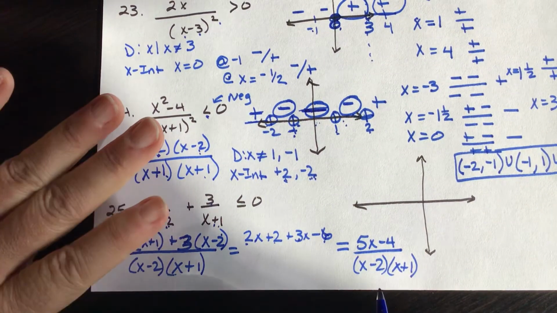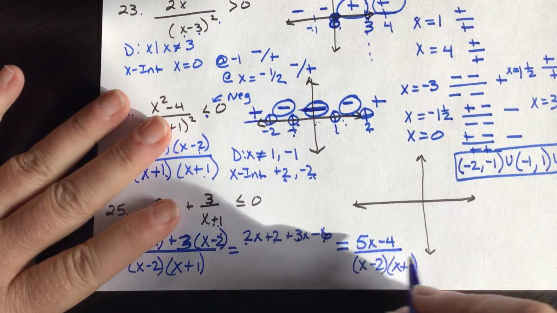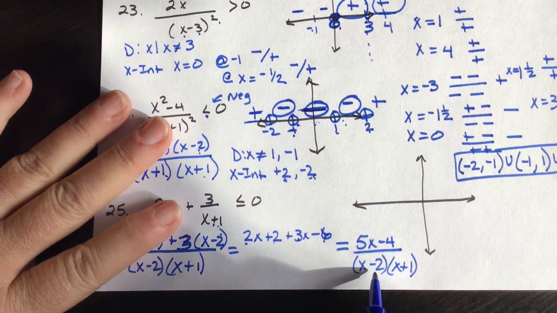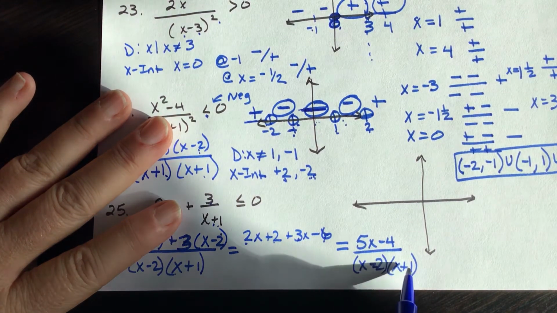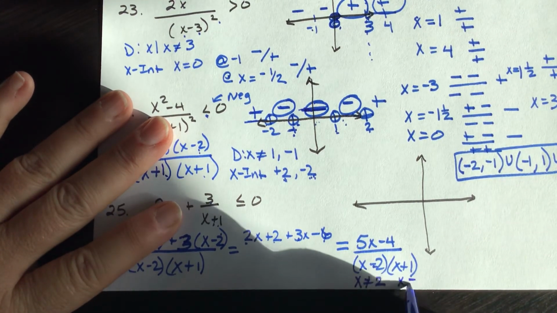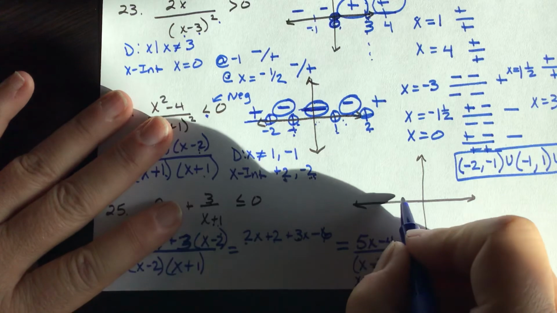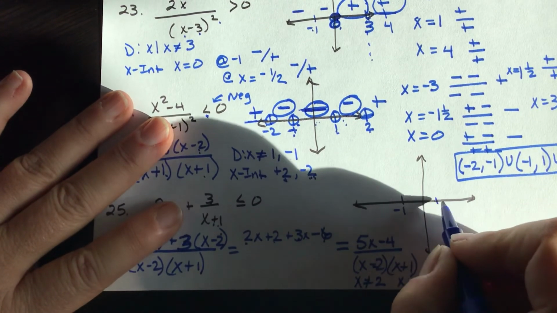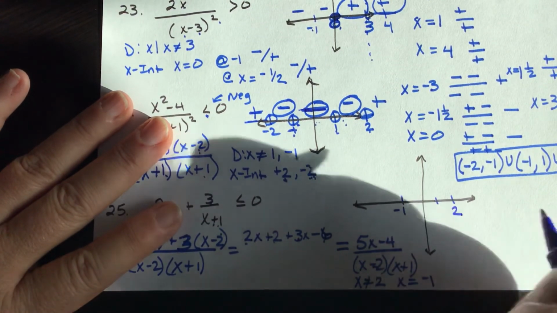So I'm looking for my domain. My domain is all numbers except x cannot equal 2 and x cannot equal -1. So here's -1, here is 2.